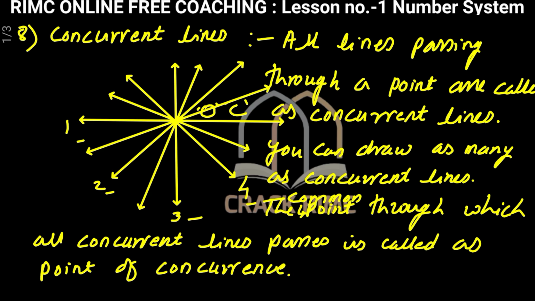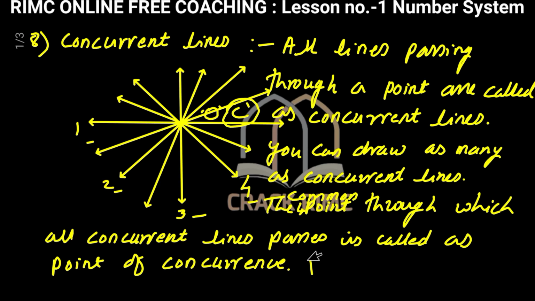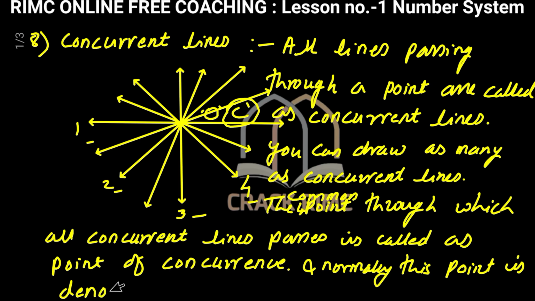Okay, so this point C is called the point of concurrence, and normally this point is denoted by C.